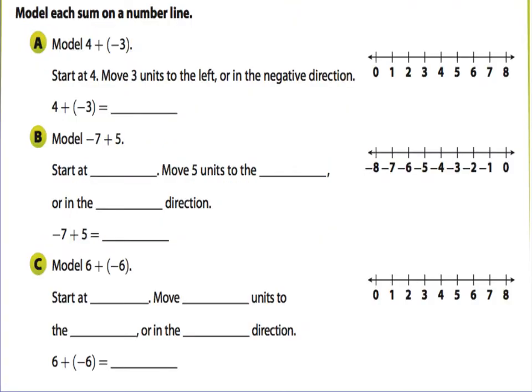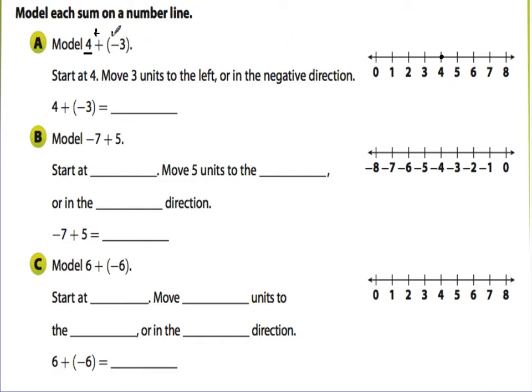All right, so again, we're going to model this on a number line. So here we have 4 plus a negative 3. That first number is always where we start. So I'm going to put a nice big dot on 4. All right, so we're putting our dot on 4. And then this plus sign tells us that we should move to the right.